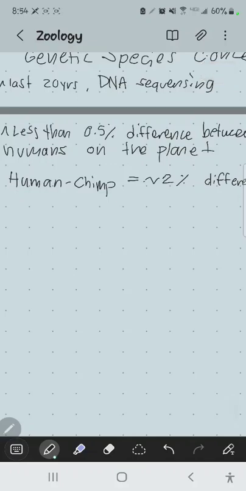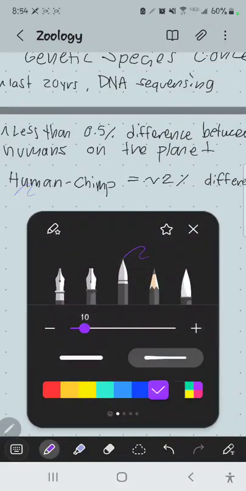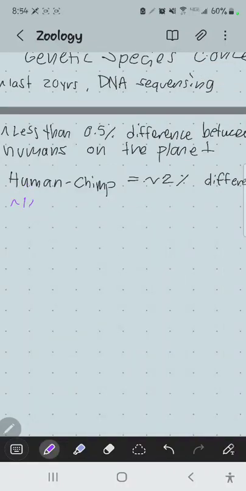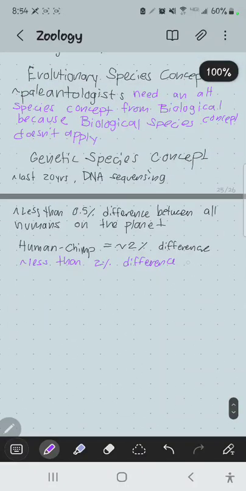The main thing to think about with the genetic species concept is using DNA sequence differences. When you look at, say, the gene for hemoglobin, the blood protein, you'd imagine that organisms with a more recent common ancestor would have more similar DNA code.